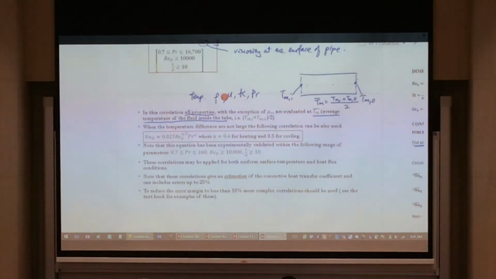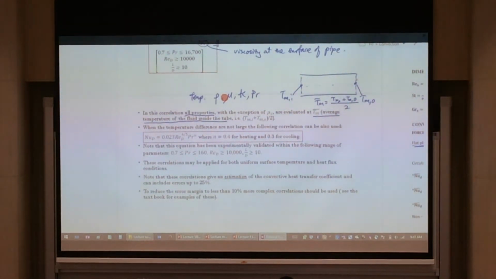Since your fluid is going through the pipe and heat is transferring along the way, what density do I consider? The way to consider it is to take the average temperature between the inlet and the outlet, and say, okay, this is what we go for. That is the property.